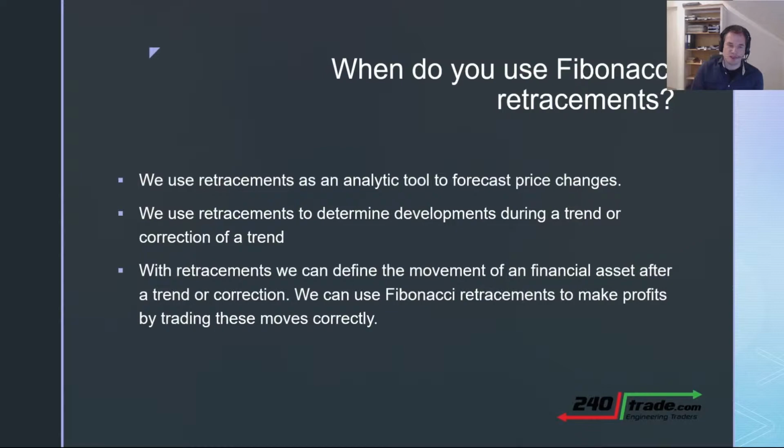With retracements, we can define the movement of a financial asset after a trend or correction. We can use Fibonacci retracements to make profits by trading these moves correctly. This means we can implement trading strategies by defining the ultimate price after a trend reversal or after a trend continuation.